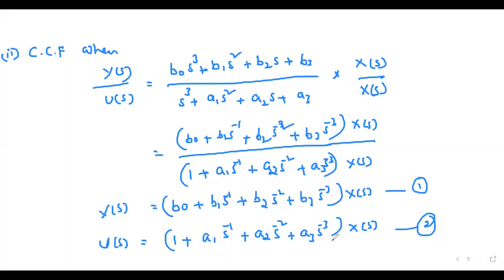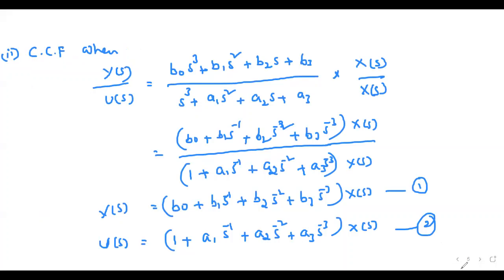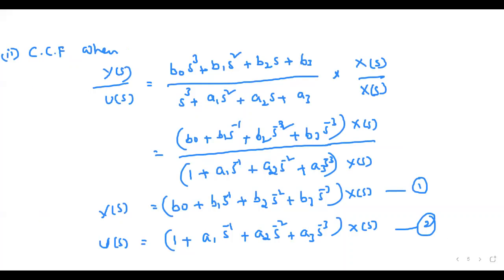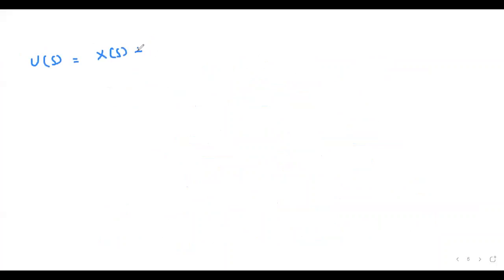Now from equation 2, I will multiply X of s. Therefore, I can write U of s is equal to X of s plus a1 s^-1 X of s plus a2 s^-2 X of s plus a3 s^-3 into X of s.